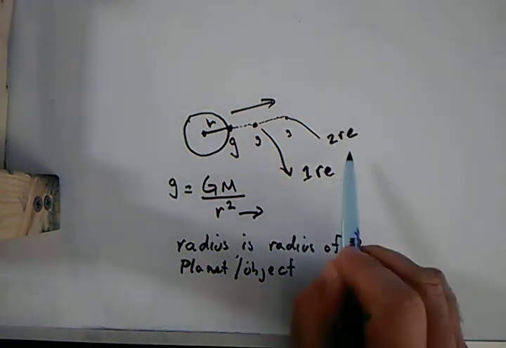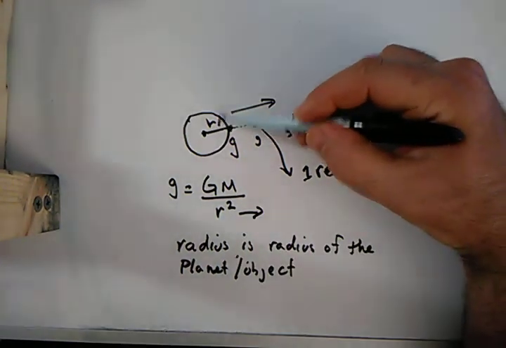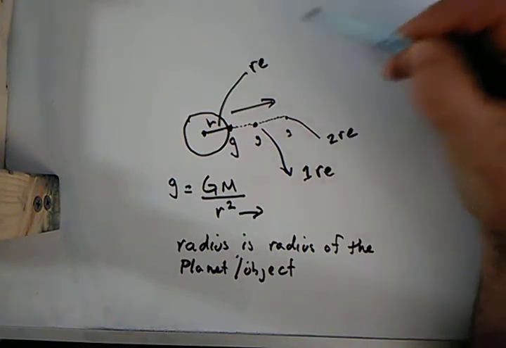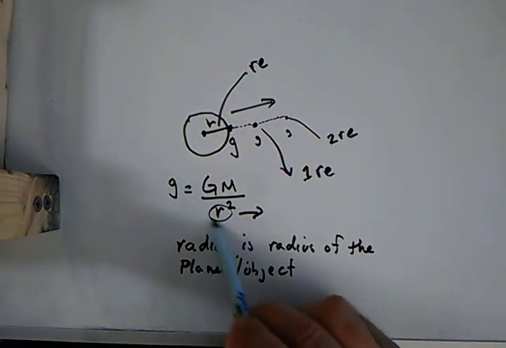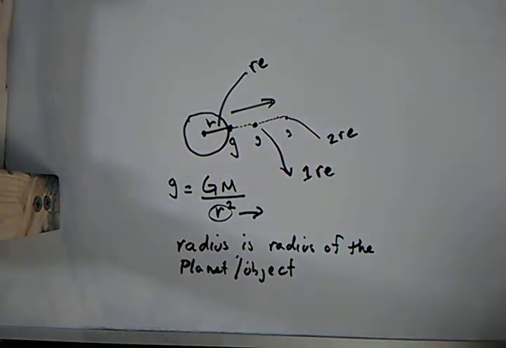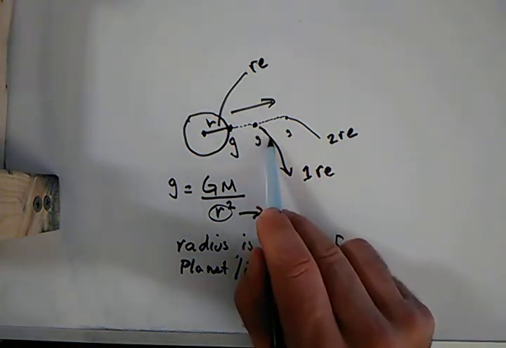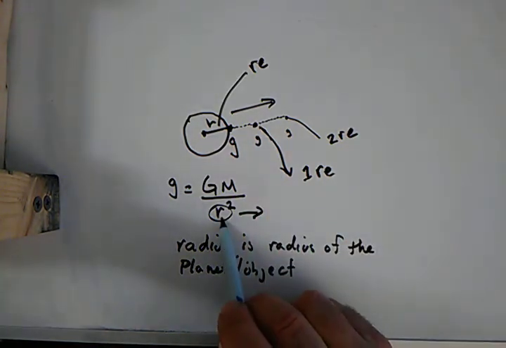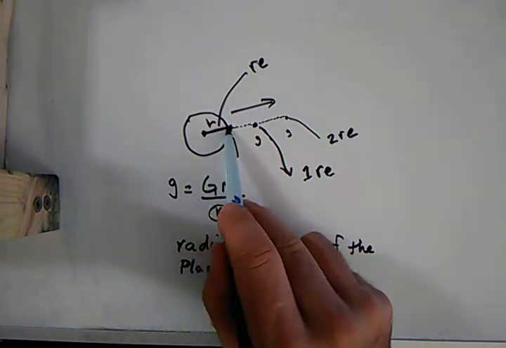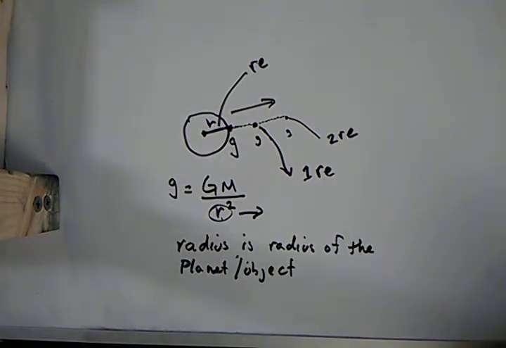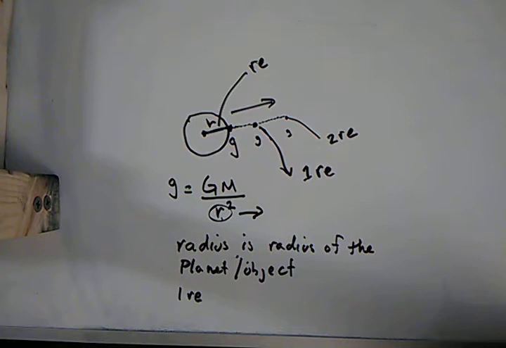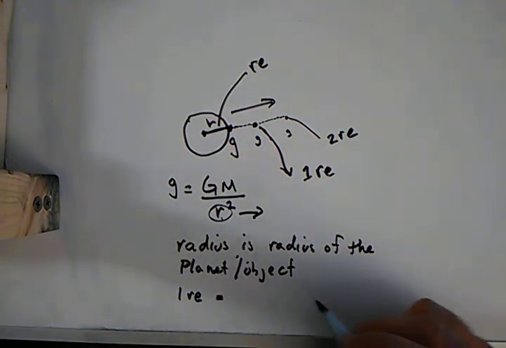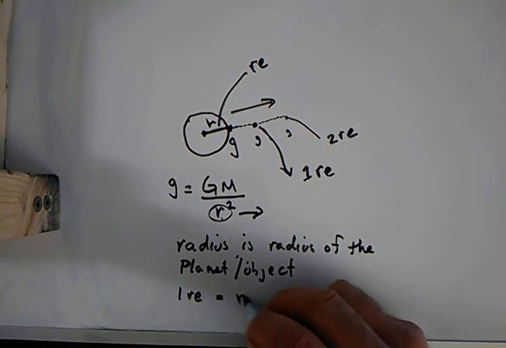But don't forget that you've got to actually include the radius of the Earth in your calculations. If you are one radius above the Earth, the number here would actually be radius of the Earth plus radius of the Earth. In other words, one radius above the Earth equals the Earth's radius times 2.